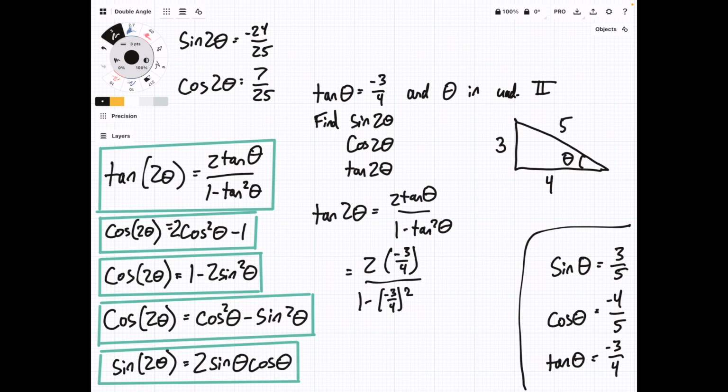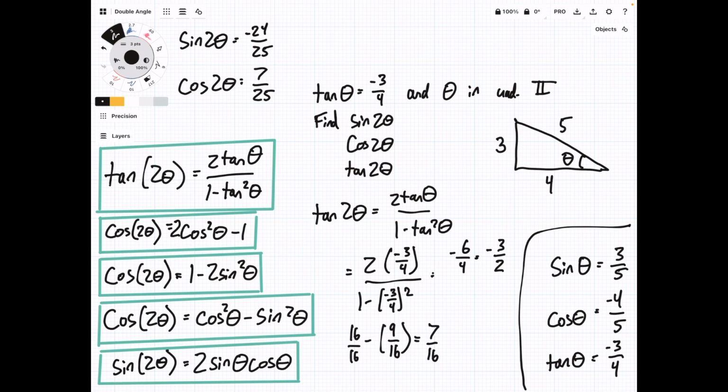So this one's not the prettiest to look at, but we're going to have negative 6 over 4 on top, which is going to be negative 3 over 2. On the bottom, we're going to have 1 minus, this is going to be 9 over 16. And then I'm going to make this side 16 over 16. This is going to equal 7 over 16.